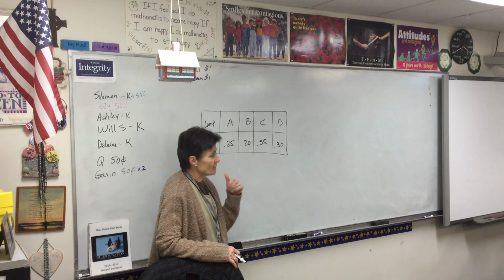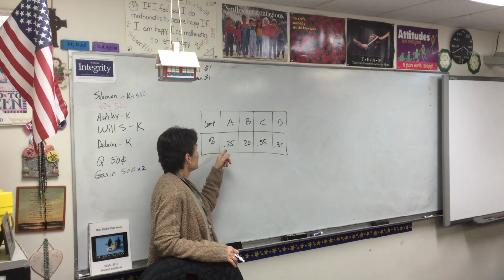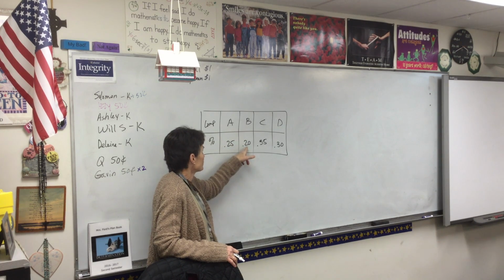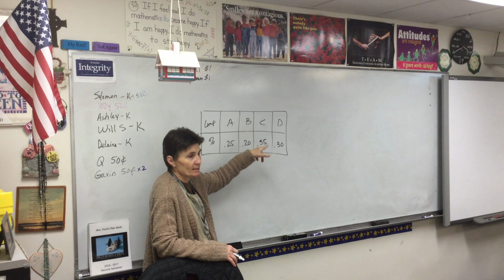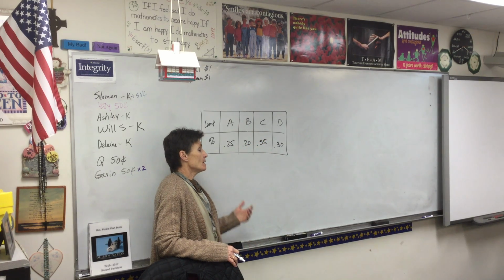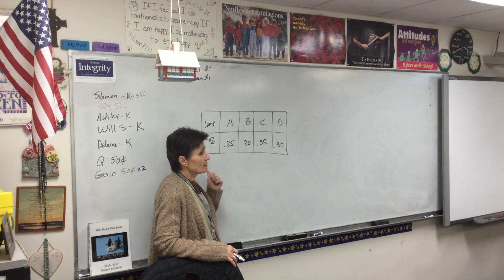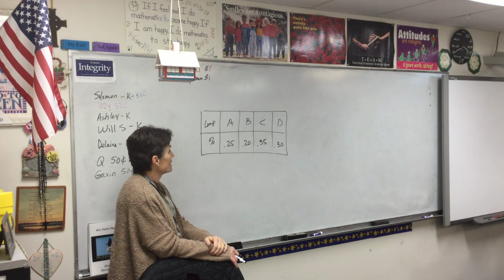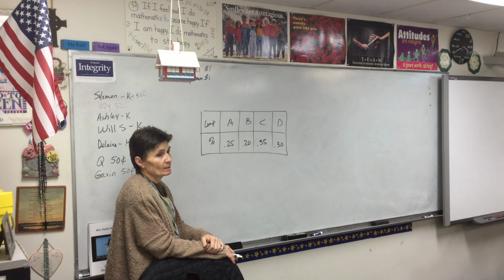What this means is 25% of the time the gerbil was in compartment A, and 20% of the time it was in B, and so on. Now, the question is, is this a valid probability distribution? I'd like you to look at it for a minute and see if you can answer that question.